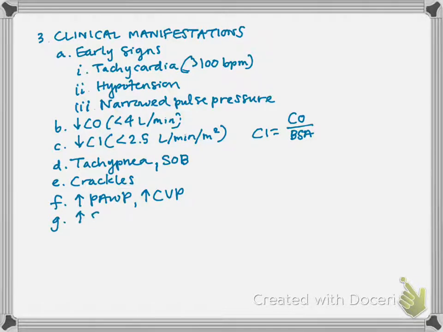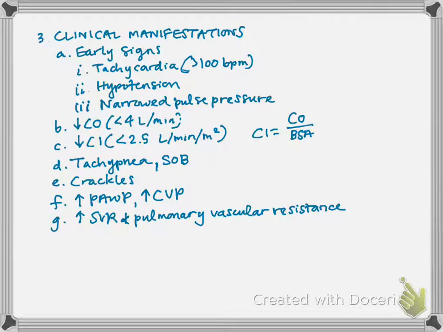We're also going to see an increase in systemic vascular resistance and pulmonary vascular resistance. What does that mean to you? Vascular resistance. Yeah, it's how much pressure do I have to overcome to get blood into the tissues?